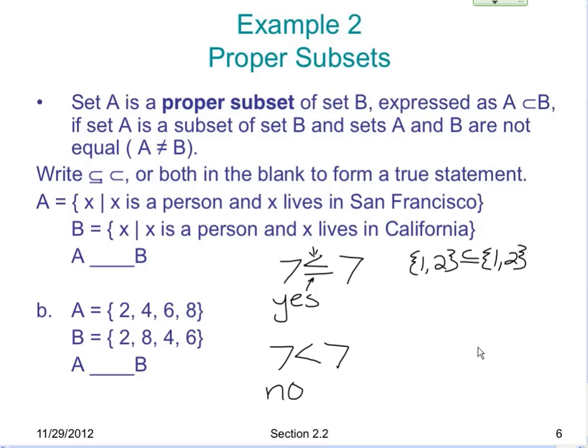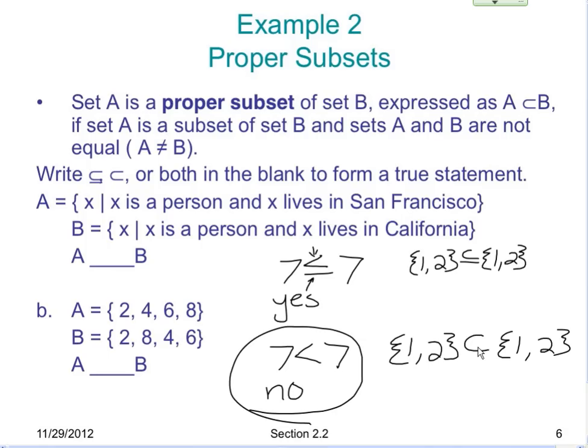In the same way, we can talk about subsets. If we have the set {1, 2} and we use this symbol right here with {1, 2}, notice this was no because it doesn't have the equal to symbol underneath. In the same way, since there's no line underneath this right here, this would be false.